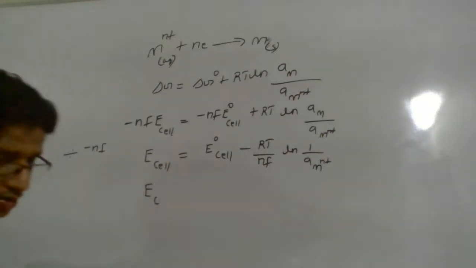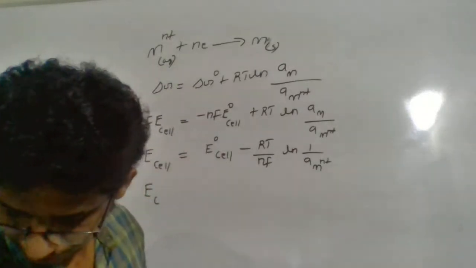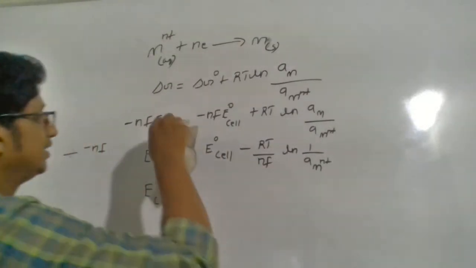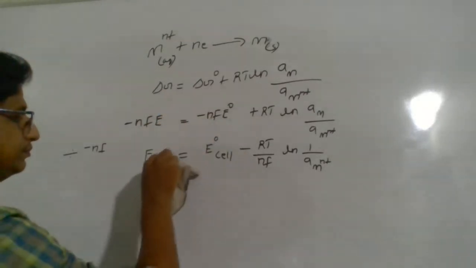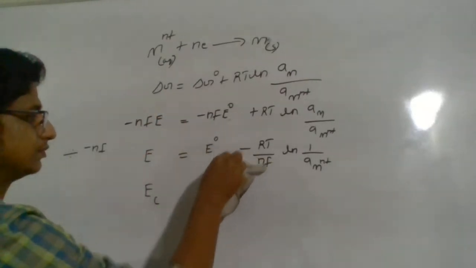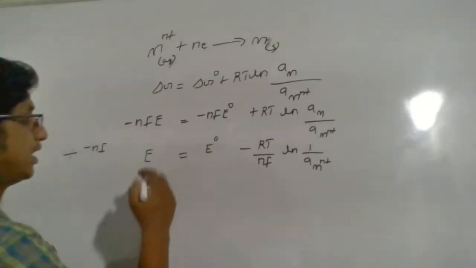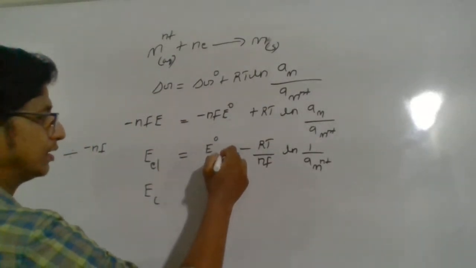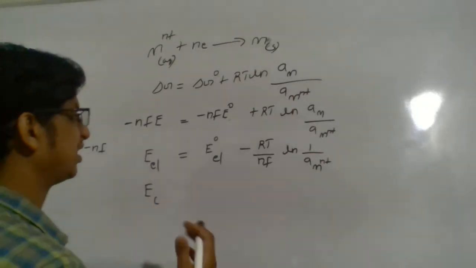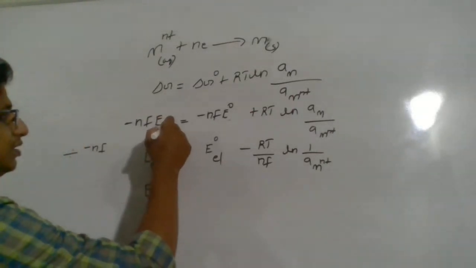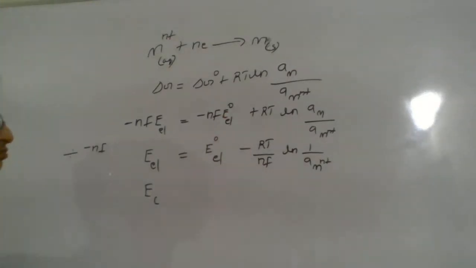Here we are talking about an electrode, because we are deriving an equation for the electrode potential of a particular electrode. So let us substitute E electrode.